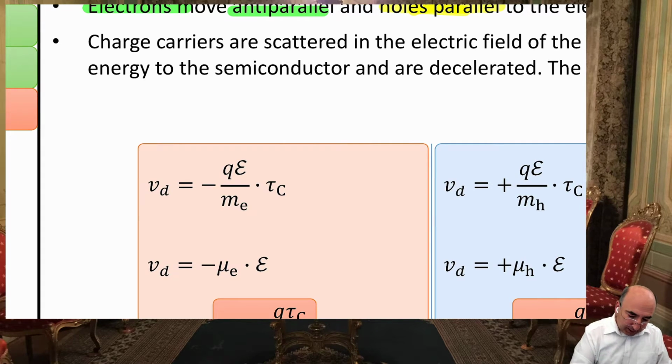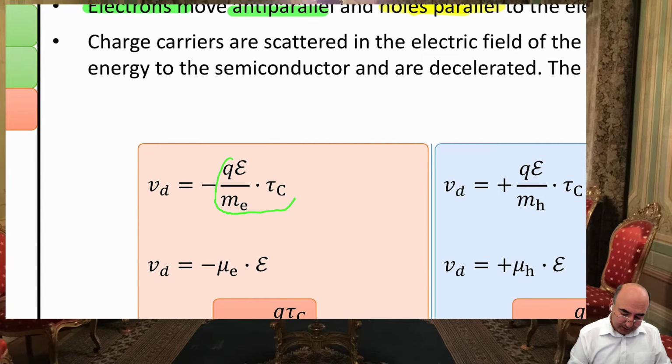So now, what is physically defined? We have the elementary charge, we have the effective mass, it's physically defined.